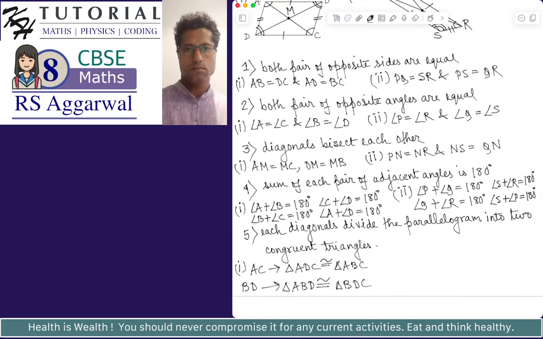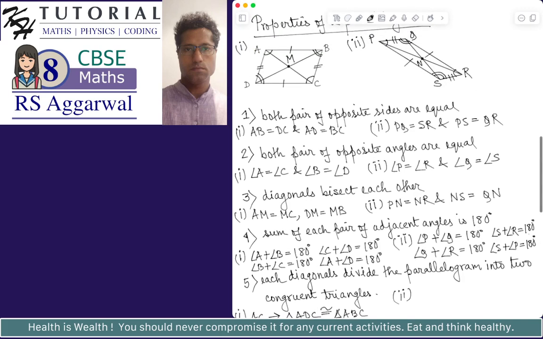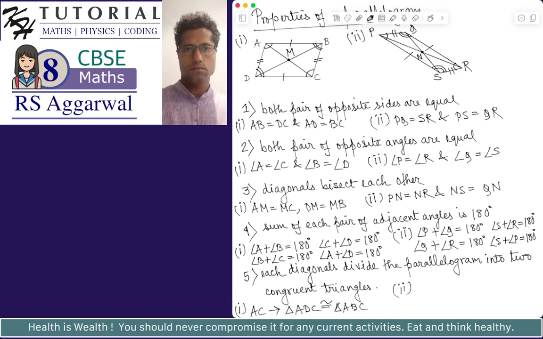Let's see for the parallelogram of figure 2. The diagonal QS is creating the two triangles QRS and PQS, and they will be congruent to each other.